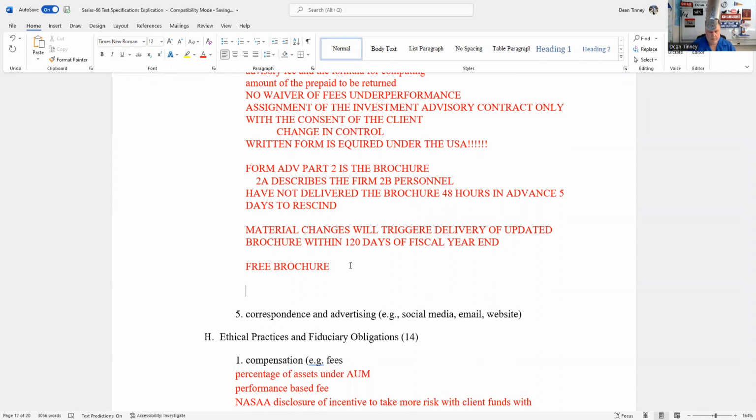And remember, we're going to have to include a balance sheet. Under the Uniform Securities Act, it's going to be for more than $500. Let's put that: Uniform Securities Act. If we're charging more than $500 and wanting to be paid 6 months or more in advance.